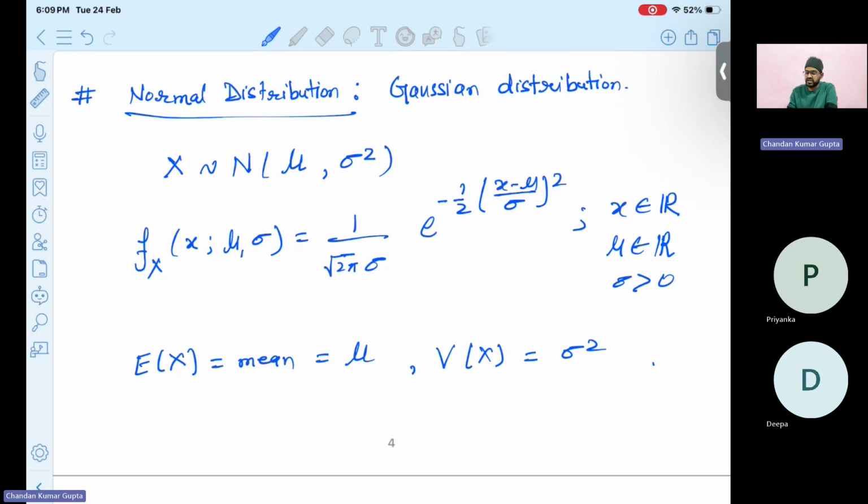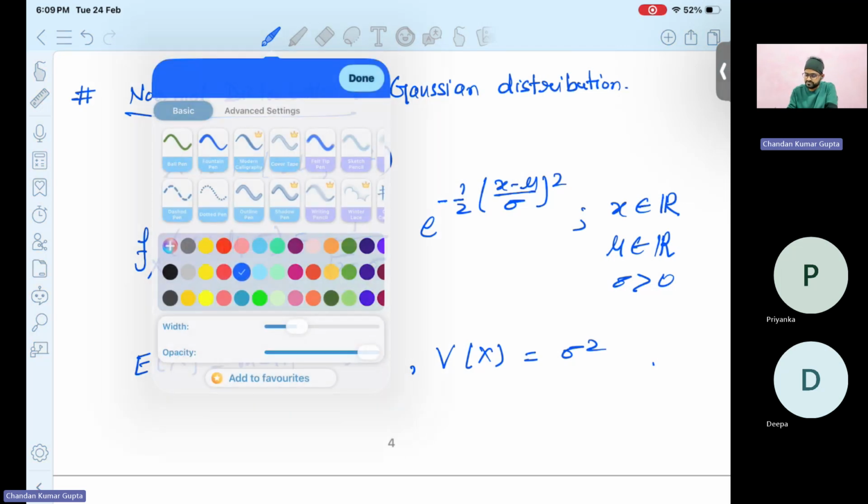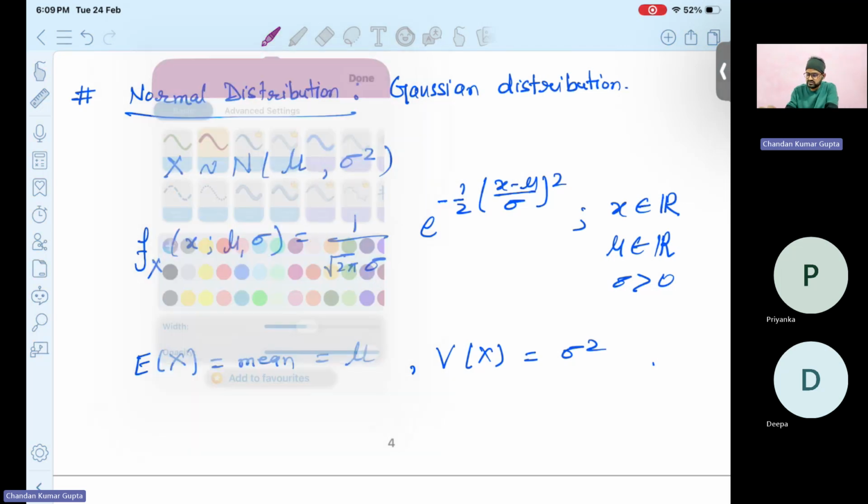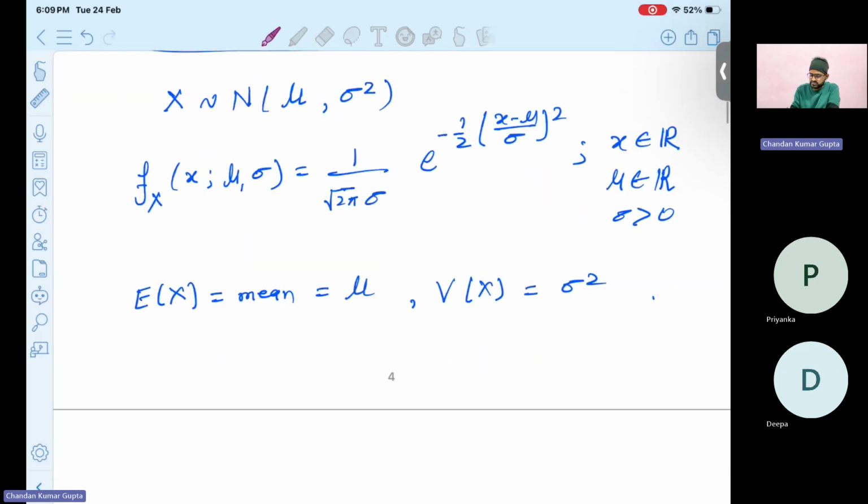Also, always remember there is one note. X is said to be normally distributed with mean and variance. Always write it like this.